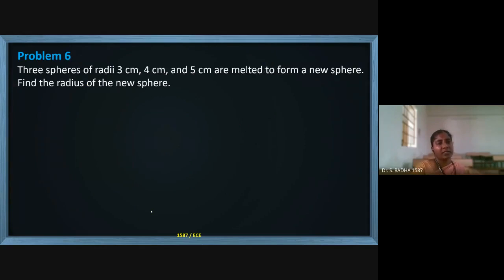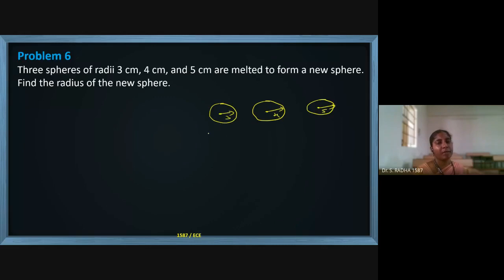3 spheres of radii 3 centimeter, 4 centimeter and 5 centimeter are melted to form a new sphere. Find the radius of the new sphere. Okay, 3 balls are there, their radii are given: first 3 centimeter, second 4 centimeter, third 5 centimeter.